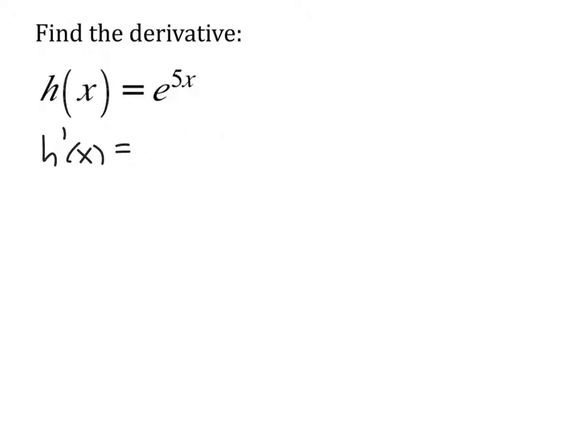That's e to the power of something, so it's going to stay e to the power of the same thing. So that's e to the 5x. And now I'm going to multiply that by the derivative of the inner function. In this case, the inner function is the exponent, so that's the 5x. So the derivative of 5x is 5. Which means that my final answer is going to be 5e to the 5x.